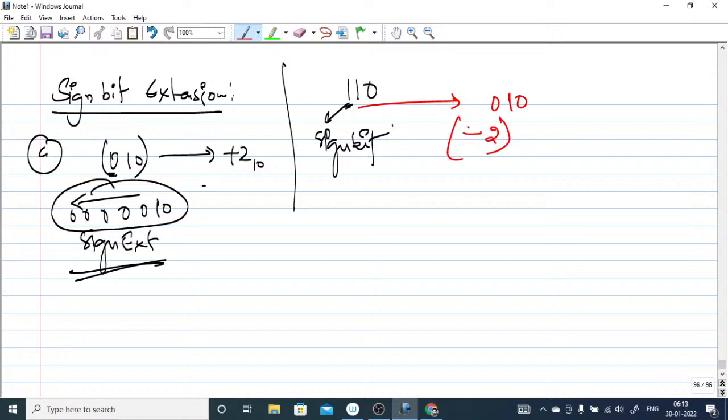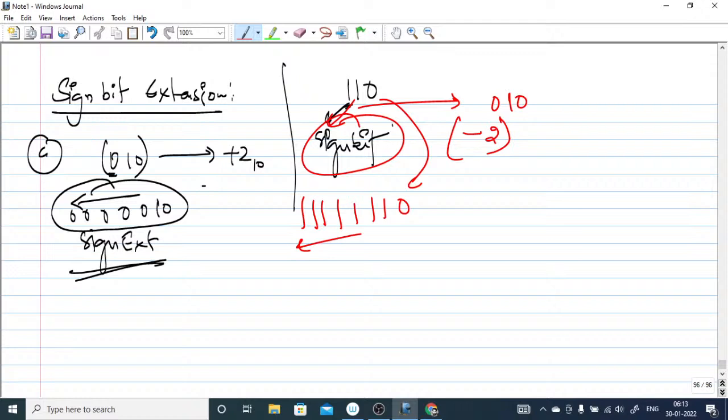So what you can do here is put 0 1 1, and you can put 1 1 1 1. No problem, you have to extend the sign bit. Extension of the sign bit will not change anything.